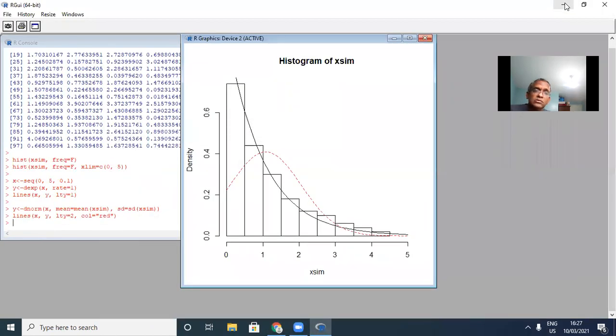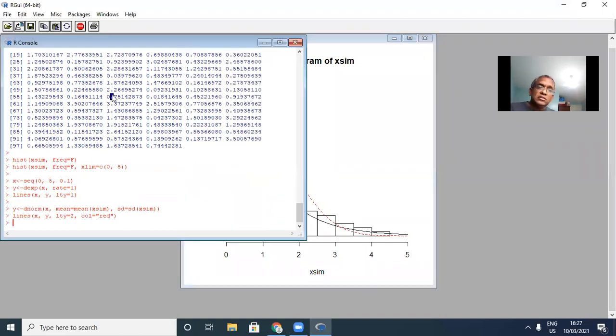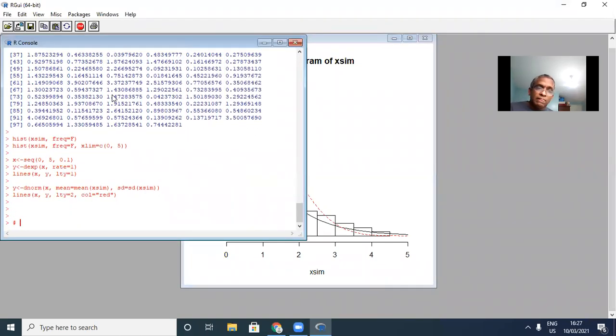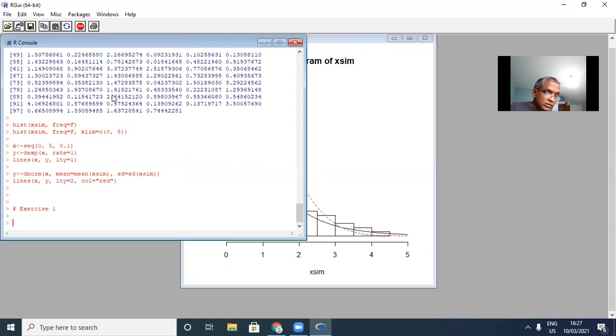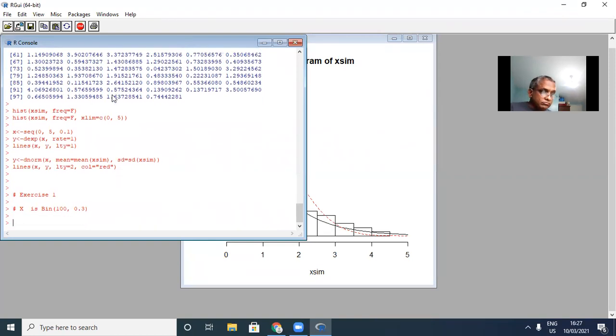So let's start with exercise number 1. Here we have a random variable that is binomial with parameters 100 and 0.3. The first part of the question is to find the probability that X equals 33.